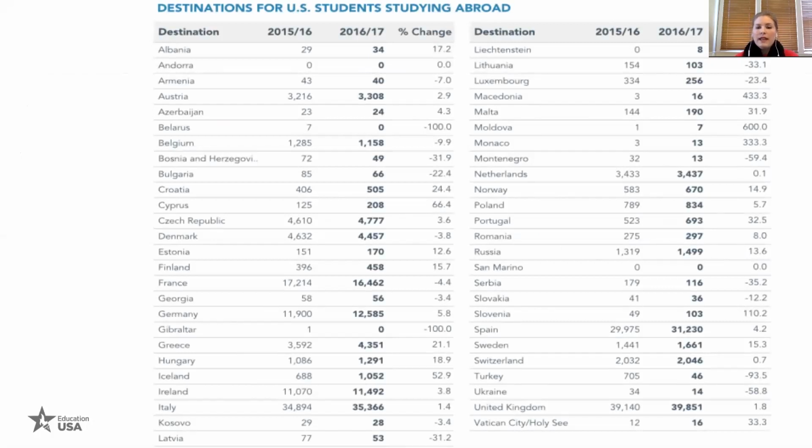And as I mentioned at the beginning, Europe and Eurasia is the number one destination for American students to study in. Again, most of the students studying in the region are going to the usual suspects, the UK, Germany, France, Italy, and Spain. But we do want you to know that there are many of our higher education institutions in the region that are looking to do more and more to recruit American students to come and study on their campuses, either for degree programs or short-term programs.